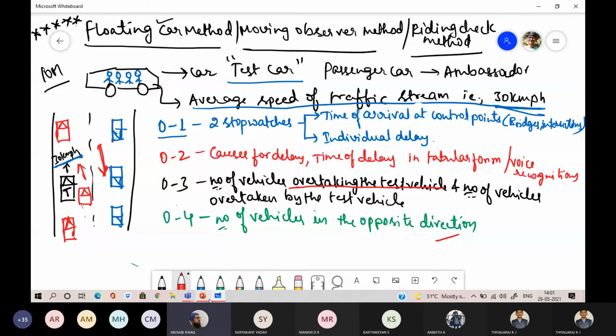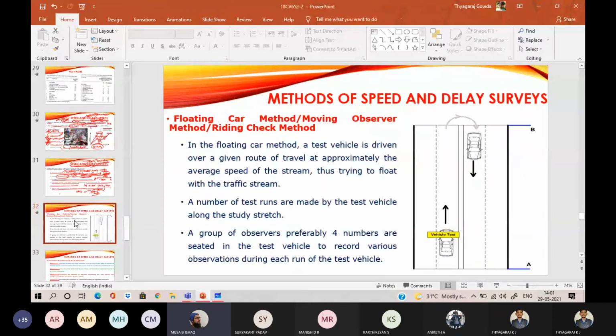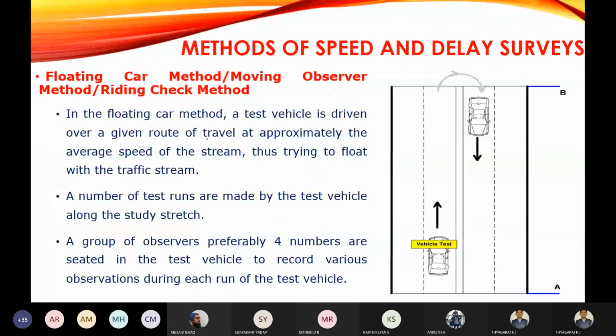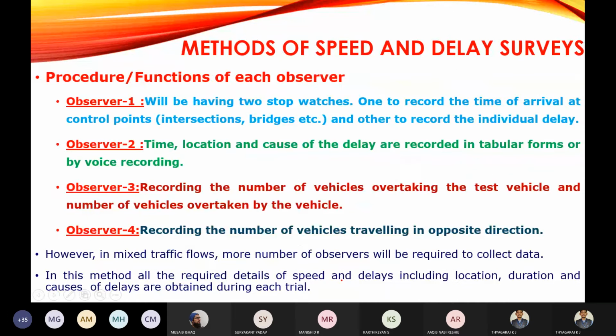So the same thing I have explained here. A floating car, a test vehicle, is driven that tries to float with the traffic stream. A number of test runs are made by the test vehicle along the study stretch. Four observers will be there to record the various observations during each test vehicle run. Observer one will be having 2 stopwatches, one to record the time of arrival at control points and the other to record the individual delay.